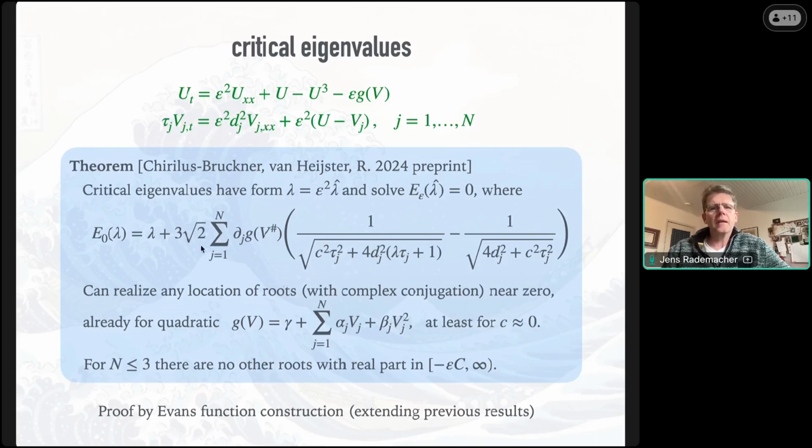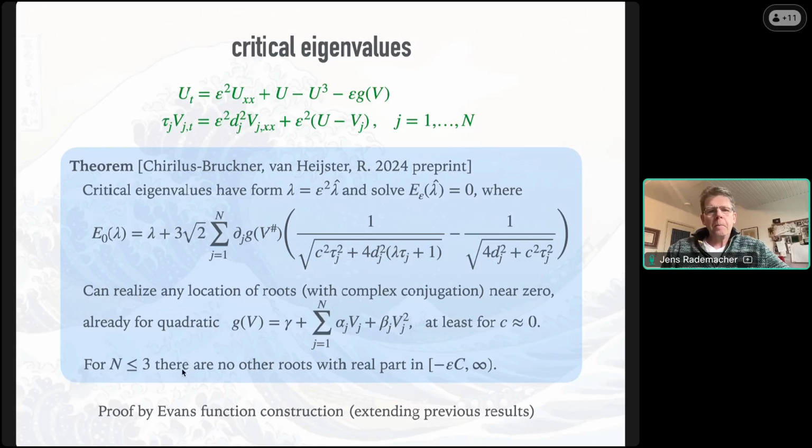But it's not so easy to analyze this function and find out how many solutions there are, for example. Nevertheless, for solutions near 0, we can realize any location of roots already using, again, this quadratic coupling function. So the way to think of it is, you tell me where you want these n eigenvalues to be, respecting complex conjugation symmetry, then I can give you parameters gamma, alpha j, and beta j to realize that.